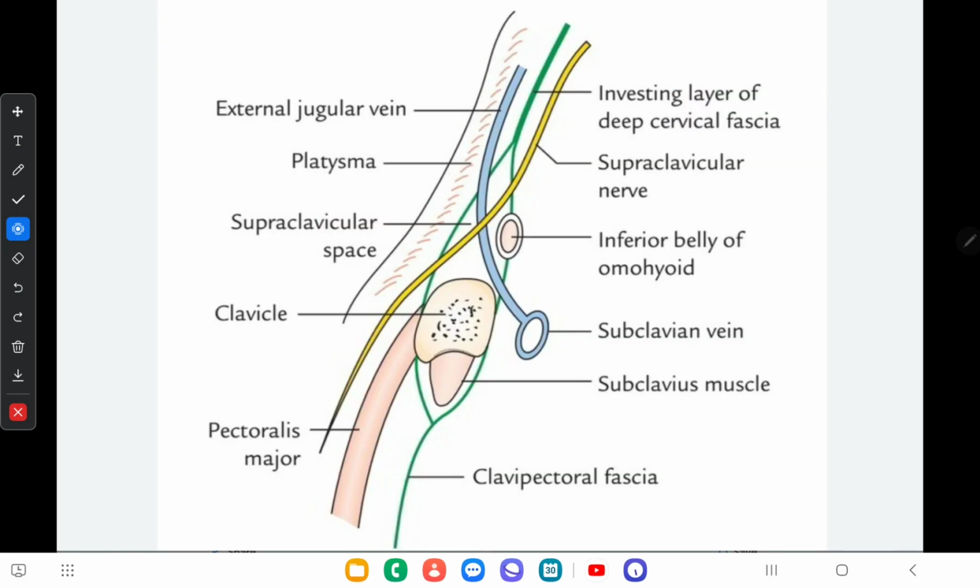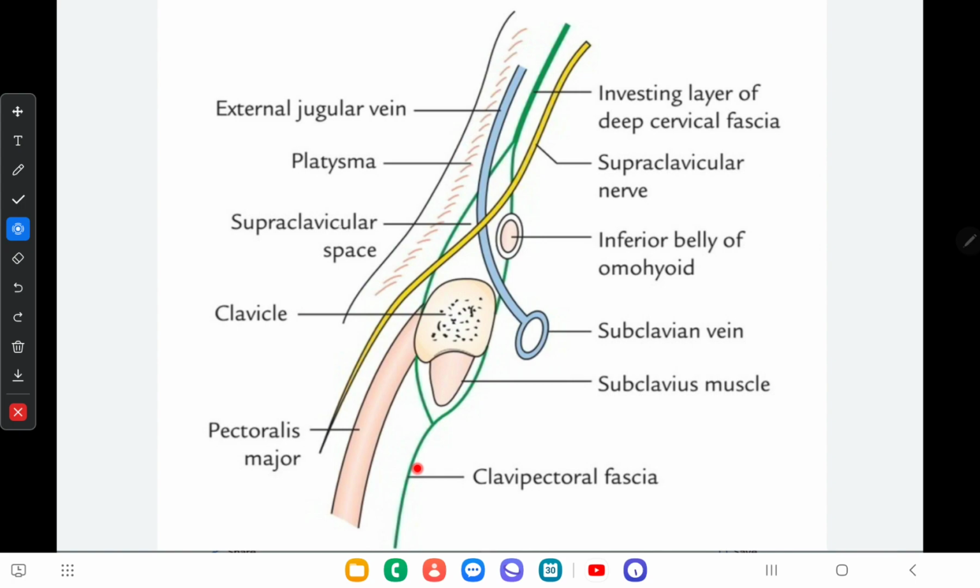Here you can see the green color line is the investing layer of the deep fascia. Here the investing layer of the deep fascia is coming downwards, and here it splits into two and then attaches to the clavicle as well, then again reunites and continues as the clavicular fascia.